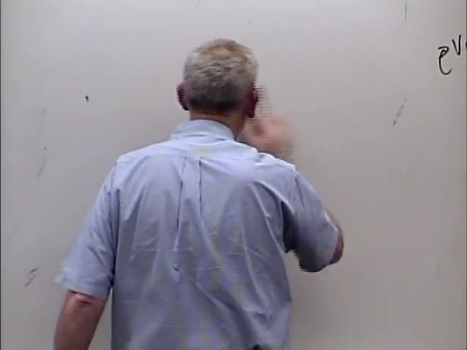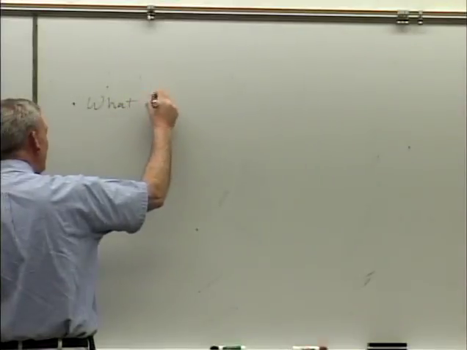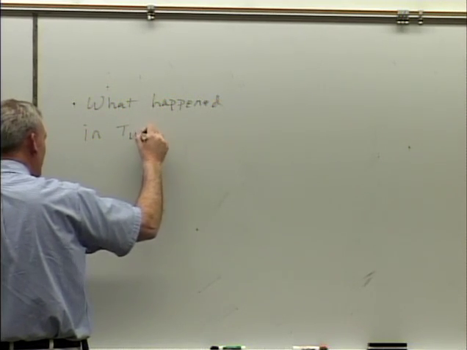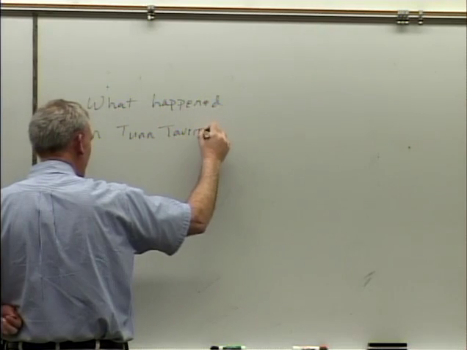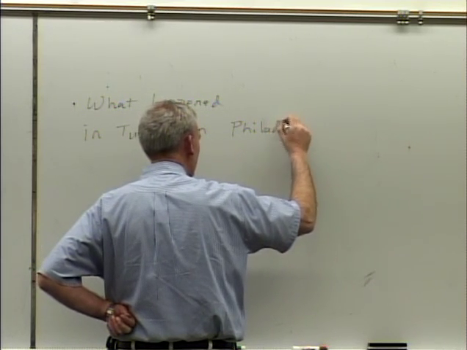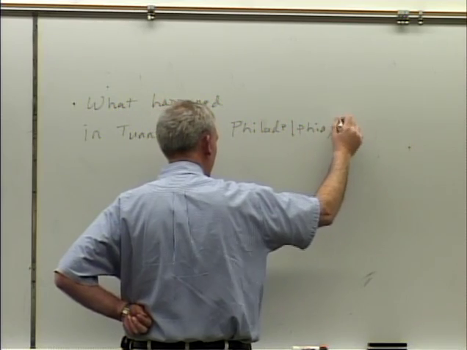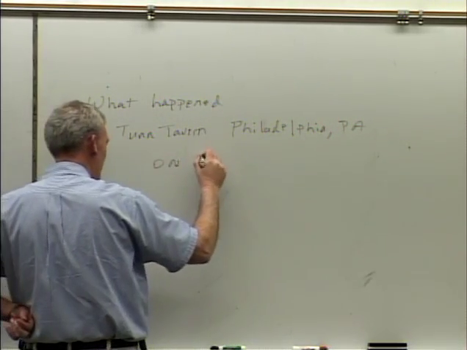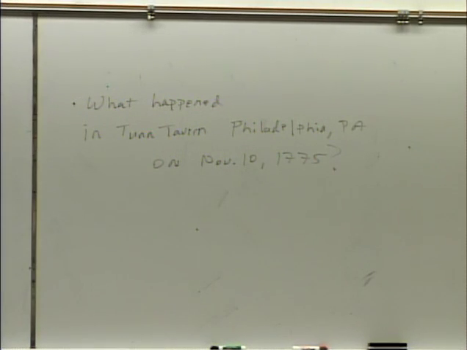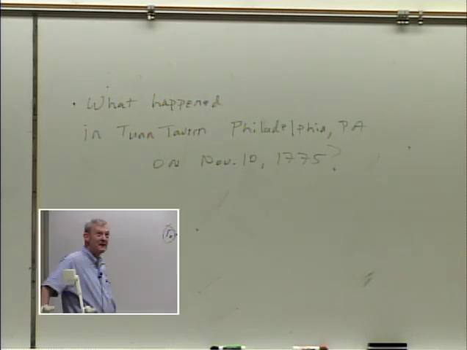Okay, here's the one and only question. What happened in Tun Tavern, Philadelphia, in Philly, PA, on November 10th, 1775, which is 200 and some odd years ago today? 225, what's 25 plus 19? 44, 244 years ago today.